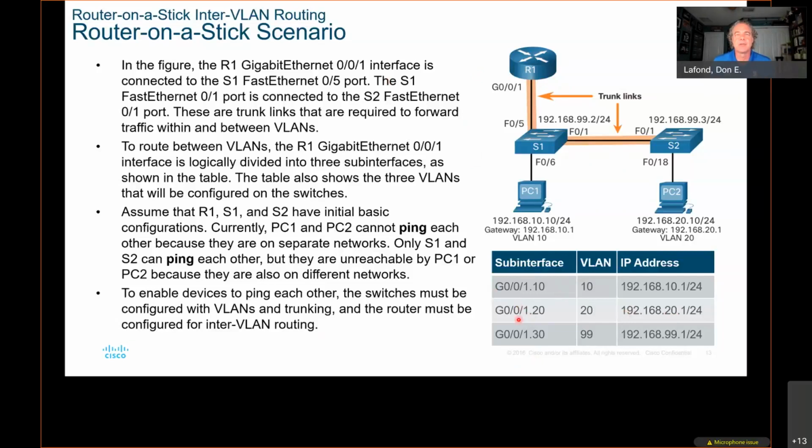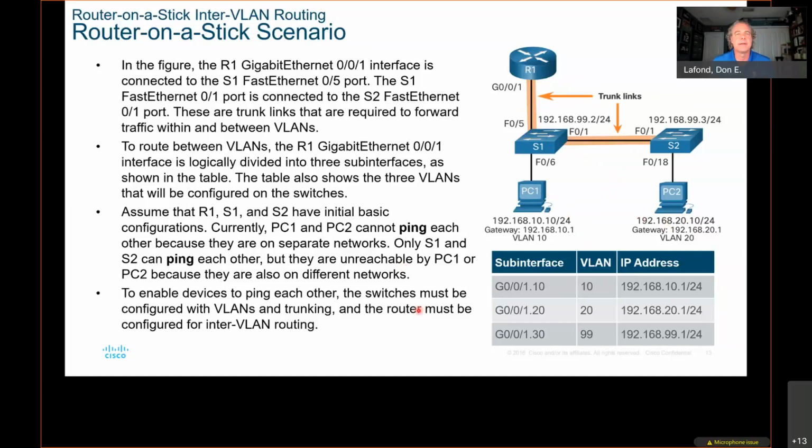The table also shows the 3 VLANs that will be configured on the switches. Assume that R1, S1, and S2 have initial basic configuration. Currently, PC1 and PC2 cannot ping each other. PC1 cannot talk to PC2 because they are on different VLANs. They're in VLAN 10 and 20, right?